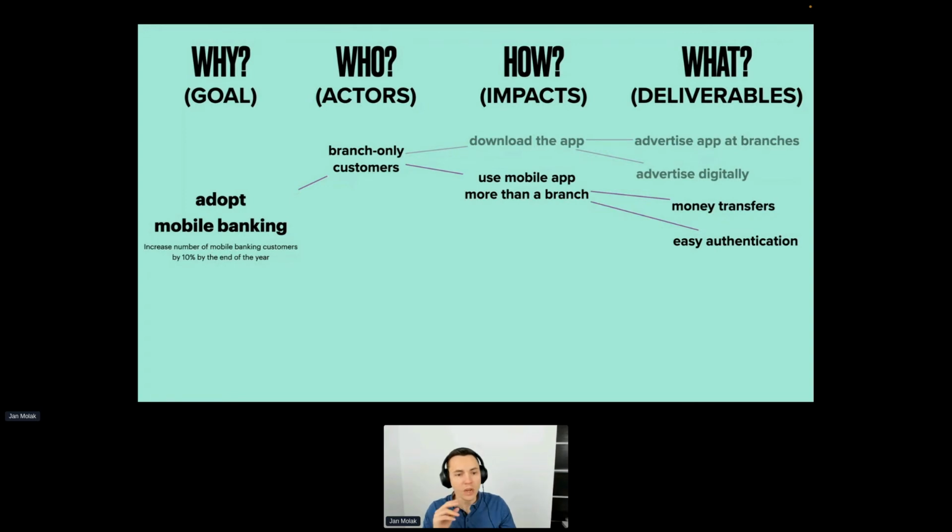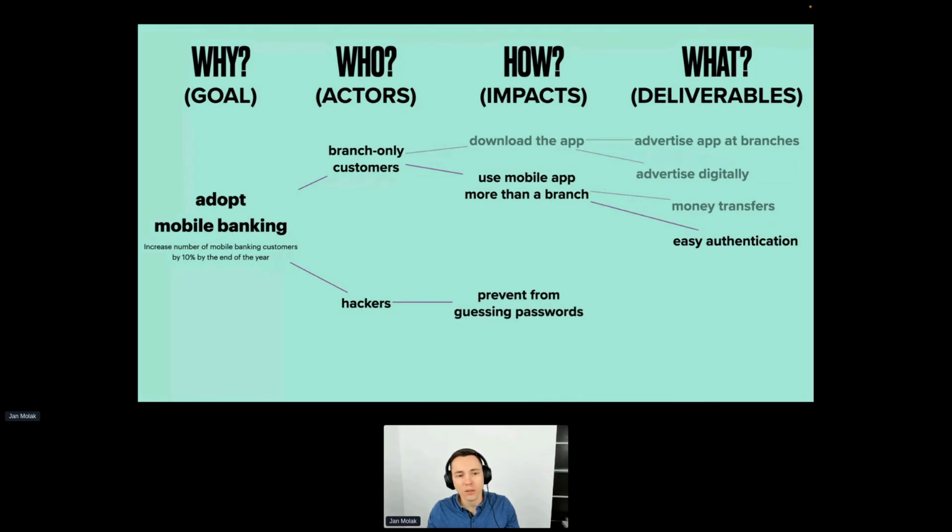Now, another interesting thing about impact maps is that they can help us to explore other categories of actors that perhaps we might have forgotten about. You see, not all the actors will help us to progress towards our goal. Some might try to hinder or obstruct our progress.